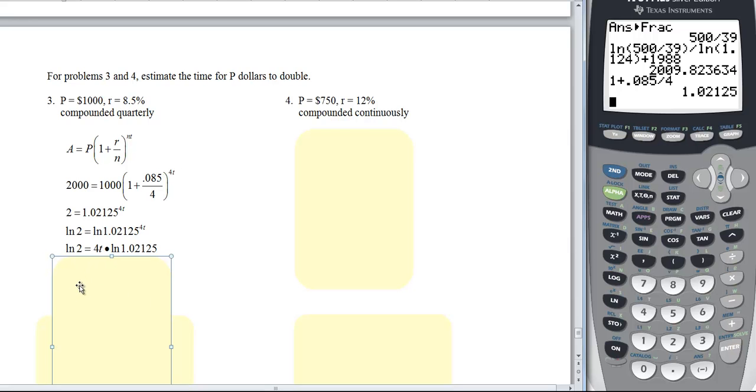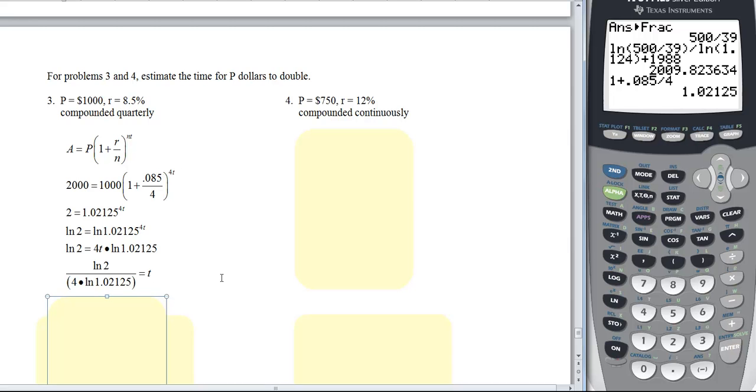So now I need to divide. Now if you'll notice, the 4 is multiplying the t, as is this log. So I need to divide both sides by 4 and natural log of 1.02125. And notice I do have it in parentheses because you have to have that.